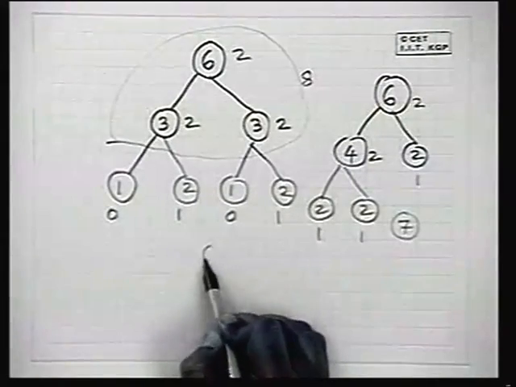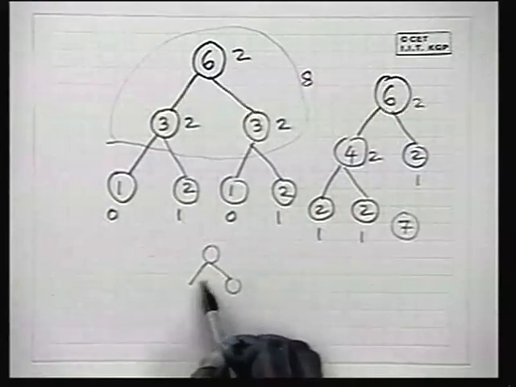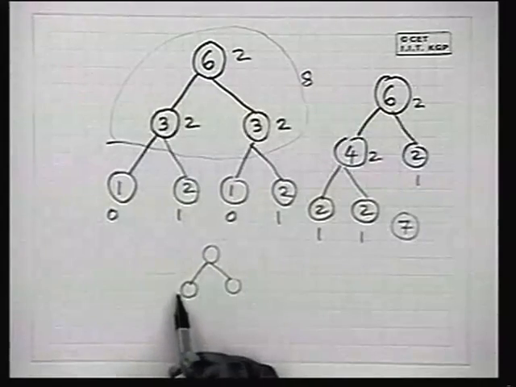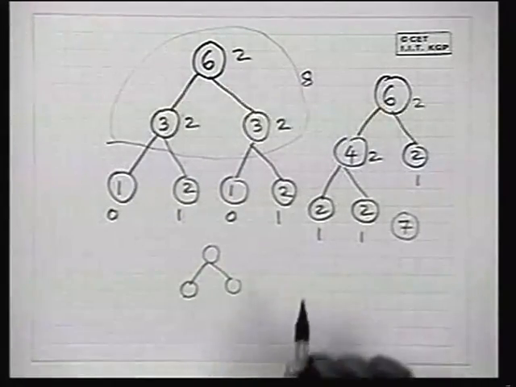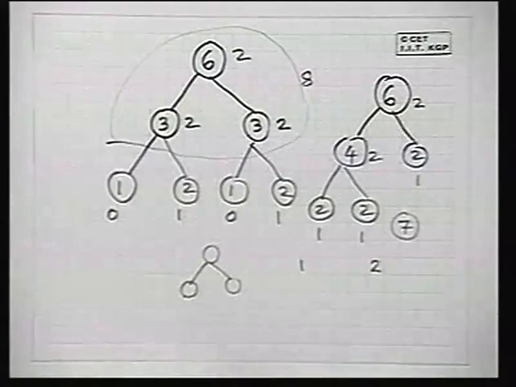For 2 internal nodes, can there be 4? For 1 internal node, there can be 2. So let us take the base condition. For 1 internal node, there will be 2 leaf nodes maximum.